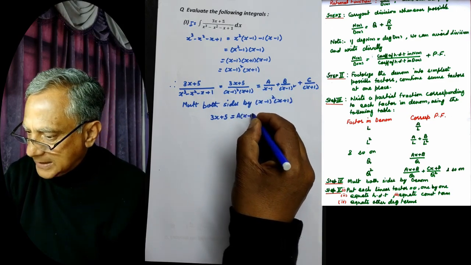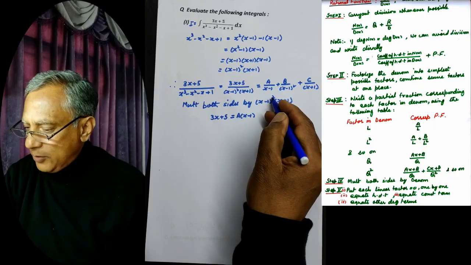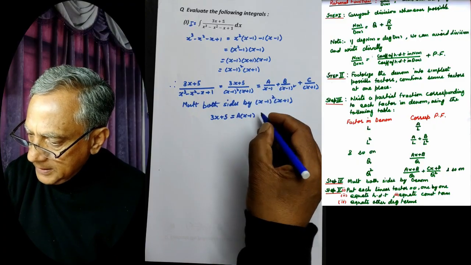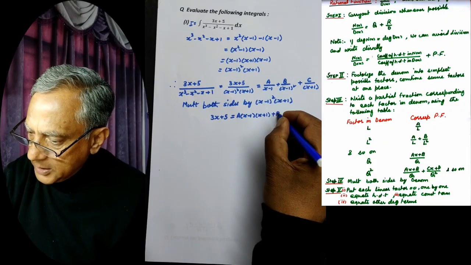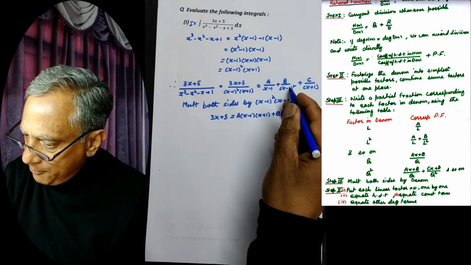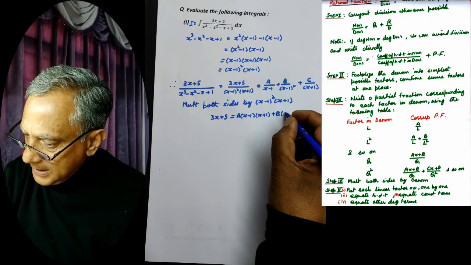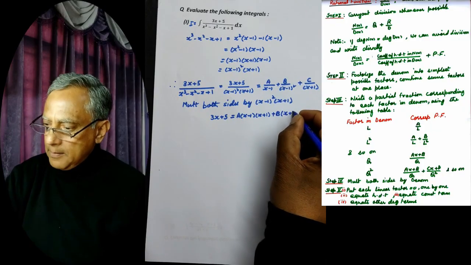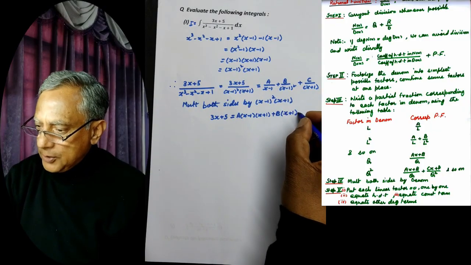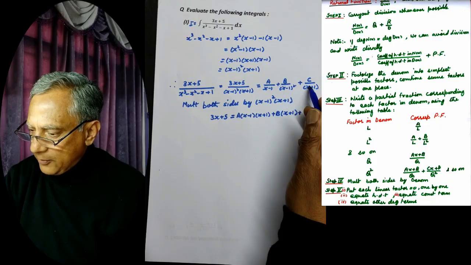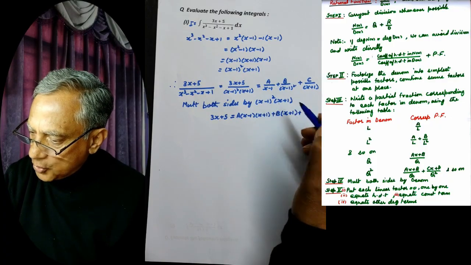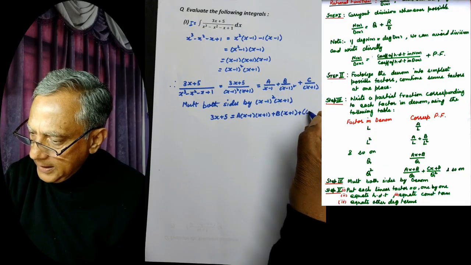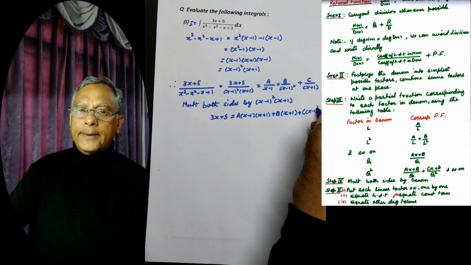X minus 1 will cancel. So only 1 x minus 1 will be left. X plus 1 plus b into, now x minus 1 whole square will cancel. We will have b into x plus 1 plus c into this. X plus 1 will cancel with x plus 1. Only x minus 1 whole square will be left. So c into x minus 1 whole square.